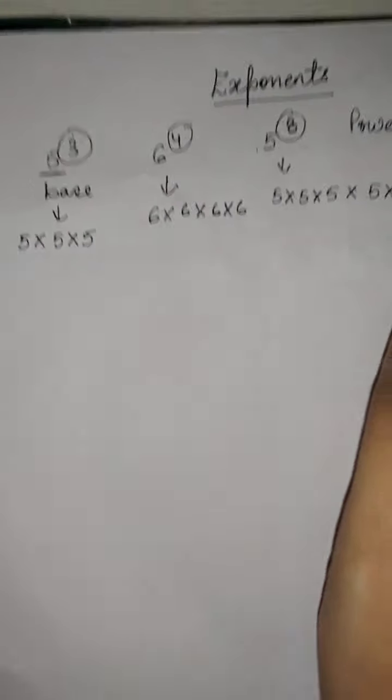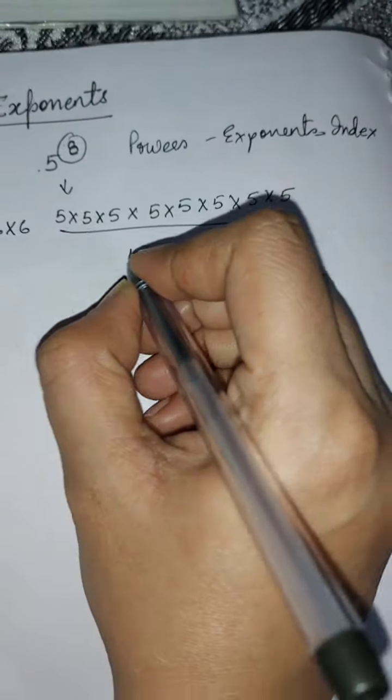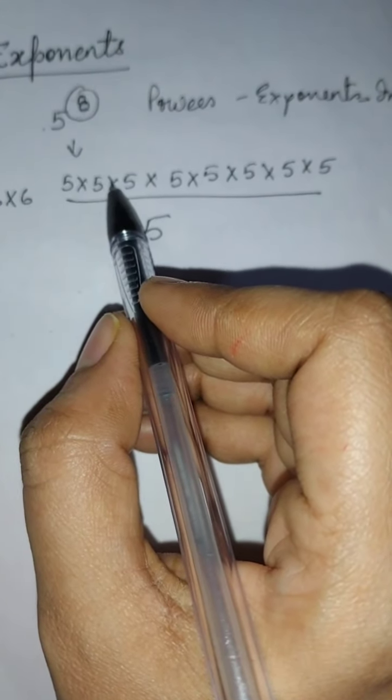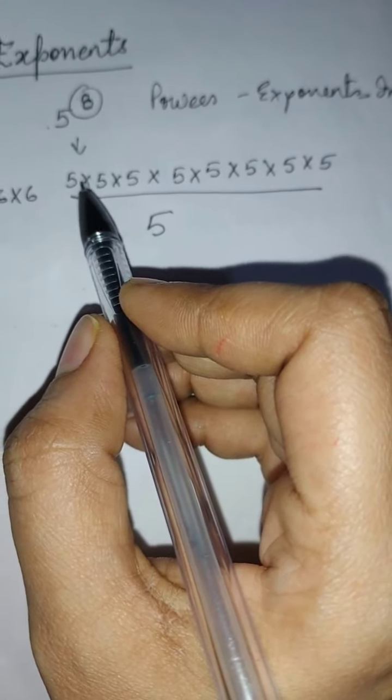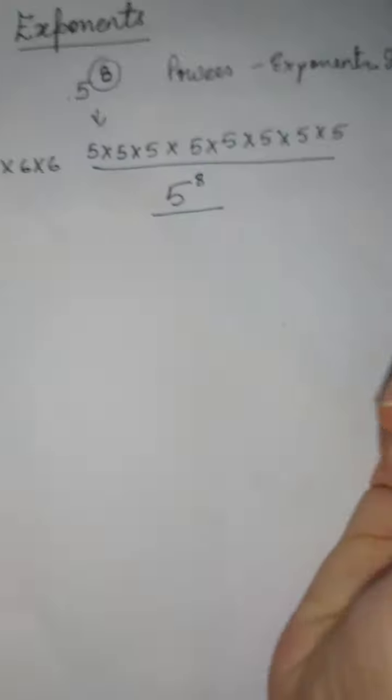So instead of writing the number in this format, we write the number once and count how many times it has to be multiplied. For example, this one. 1, 2, 3, 4, 5, 6, 7, 8. So the answer will be 5 raised to the power 8.